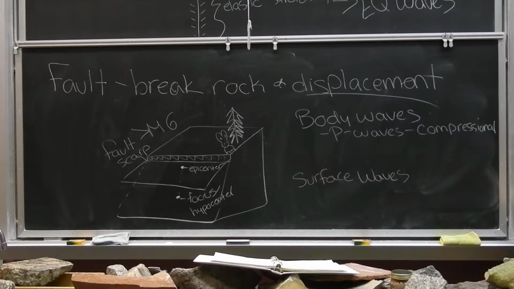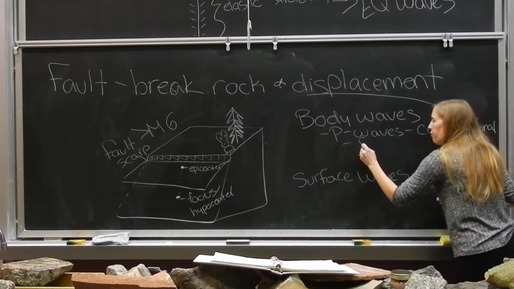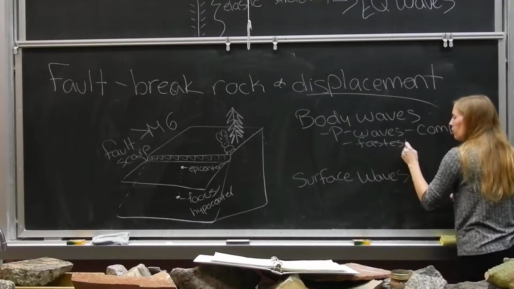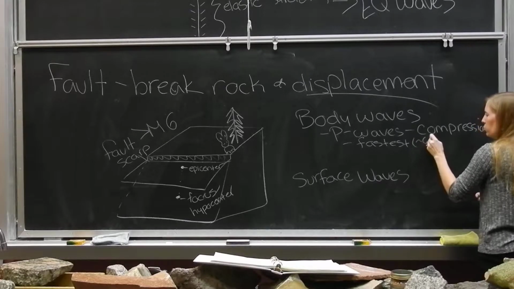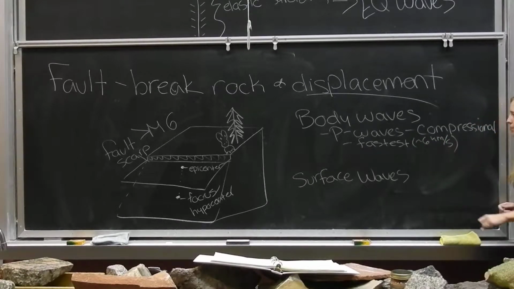Sound, right? I'm generating vibrations in my chest, it's going through my vocal cords, compressing the air to your eardrums, which are vibrating and interpreting, and you're getting the sound in your head. It's kind of creepy when you think about it that way. These are the fastest, right? We'll do about 6 kilometers per second. And these can go through solid and liquid. So you travel through both.